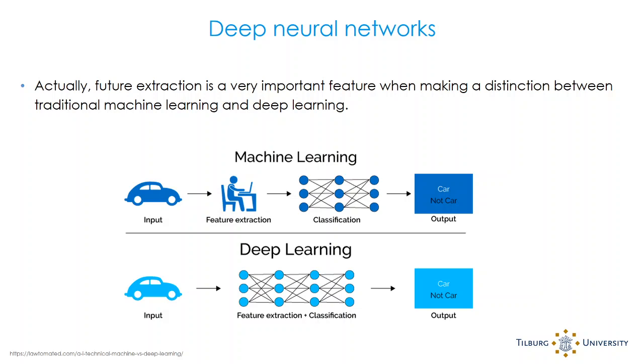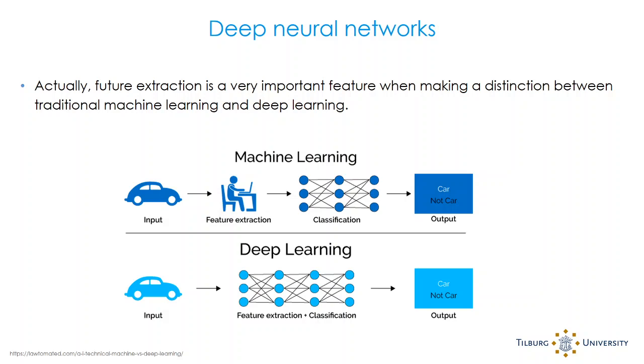So we need to properly select the algorithm in order to produce the features, the recombination of different original features, which are the extracted features. And later on, we build the classification model or the regression model using those extracted features. However, in the case of deep learning, the feature extraction is already included into the model.